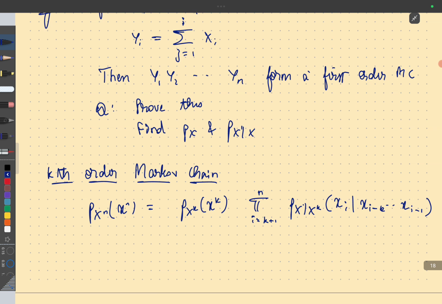I'm saying this rather loosely, but as we'll see, in certain contexts, particularly when we come to compression, if we treat English text as a kth order Markov chain, then we get excellent results. And there are other statistical analyses done on English text which suggest that it can be very well approximated by a kth order Markov chain.